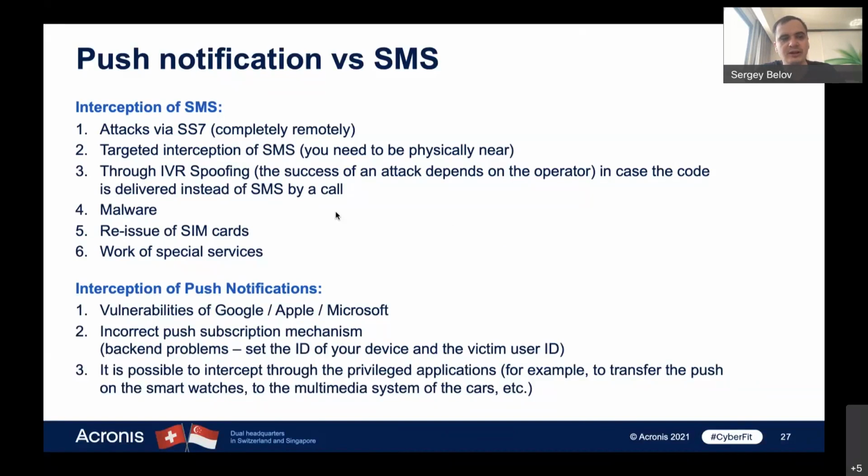They have poorer security compared with push notifications. How can SMS interception even happen? There are attacks via SS7. SS7 is a signaling network between all the telecom operators around the world.